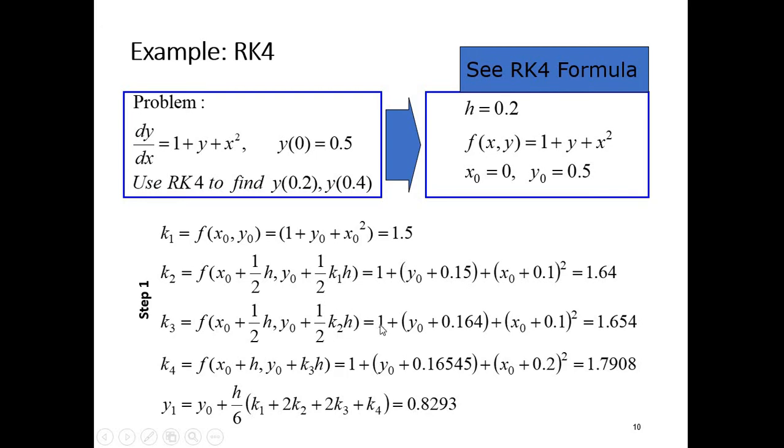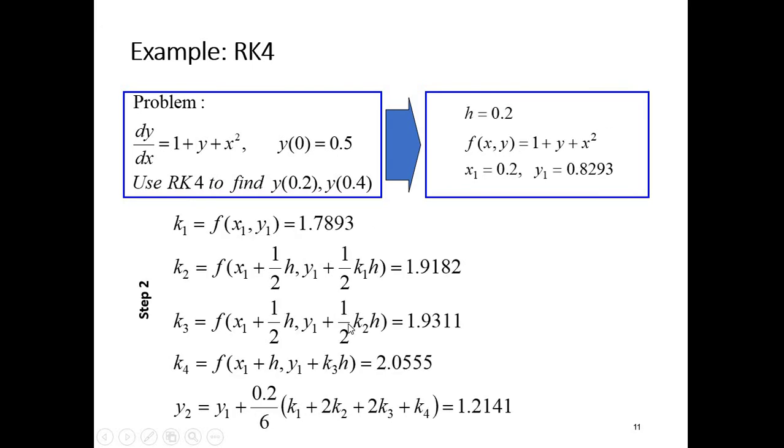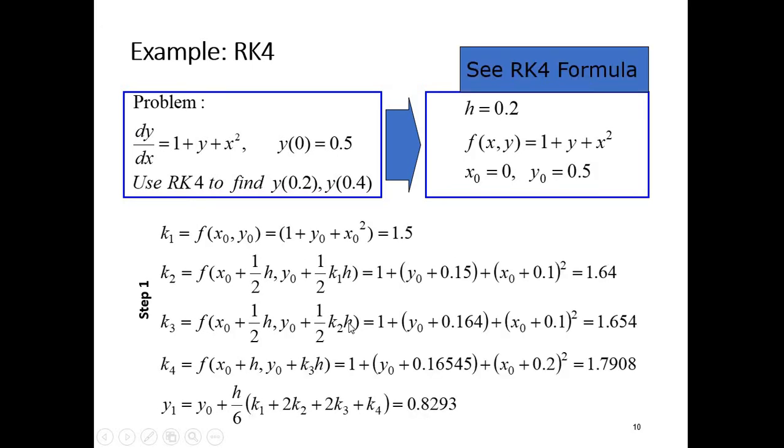This is equal to 1 plus y. In place of y, we substitute this formula, which is y naught plus half k2 h. Remember, k2 you have this one, and h you have 0.2. So if you say k2 times h times 0.5, which is half, you should get 0.164.